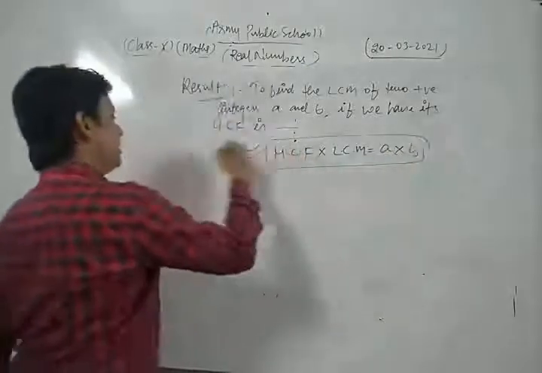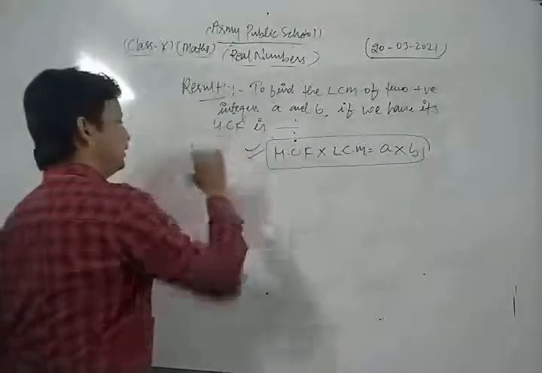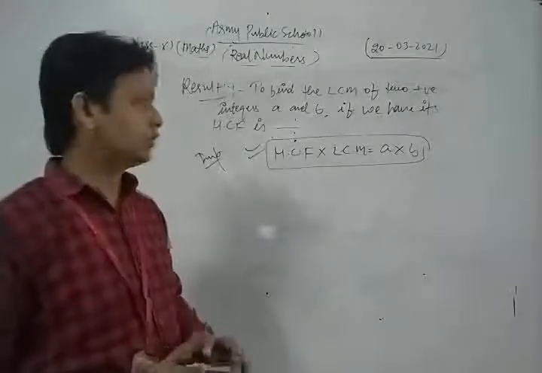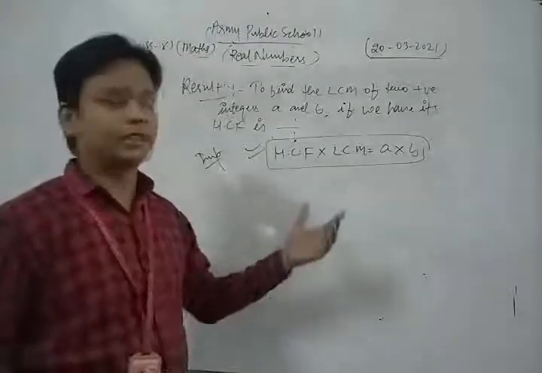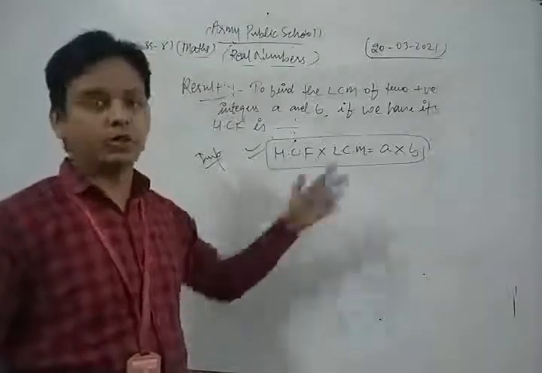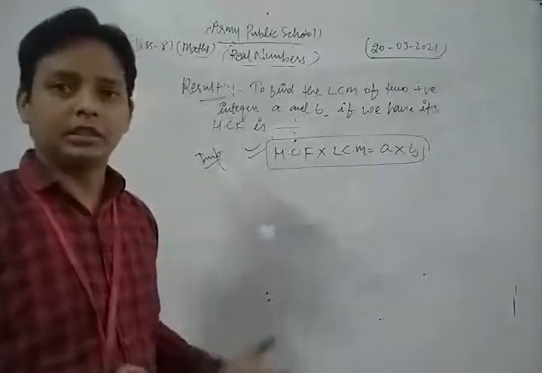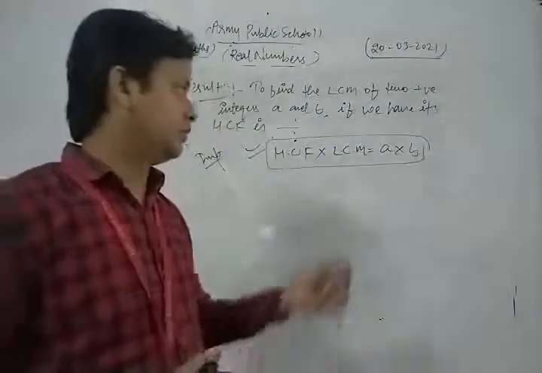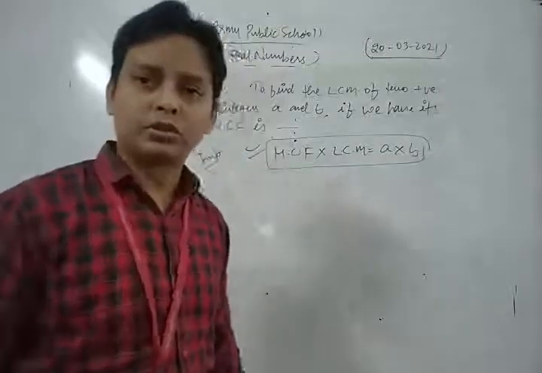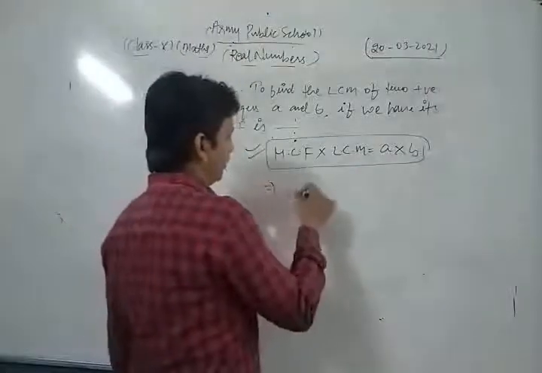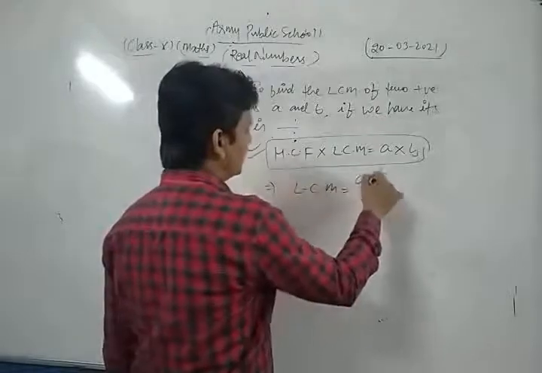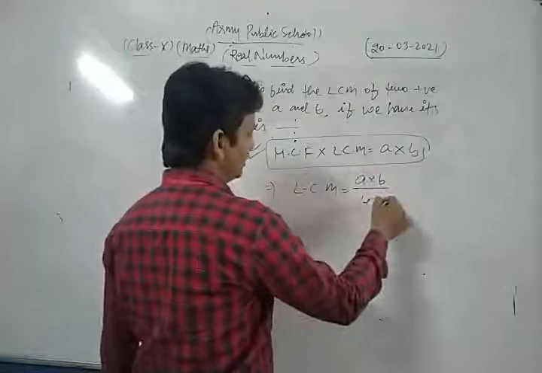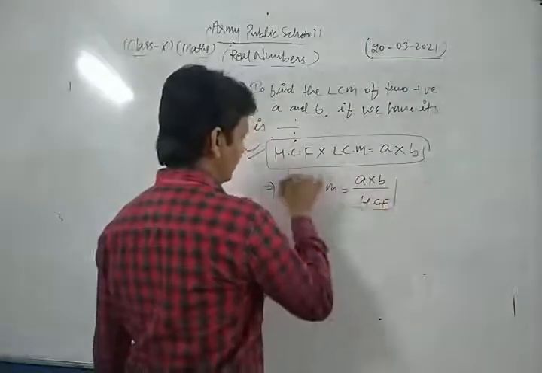This is a very important result between HCF and LCM. This formula is applicable to find the HCF and LCM between two numbers a and b, given by the relation HCF of these two numbers into their LCM is equal to the product of the two numbers. So the value of LCM of these two numbers is the product of these two numbers divided by their HCF.